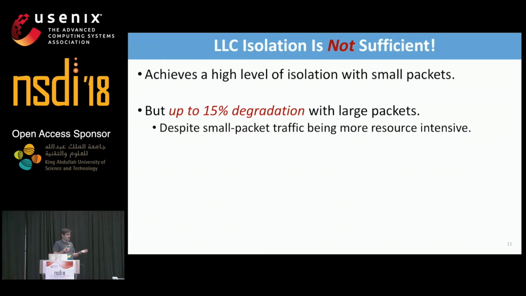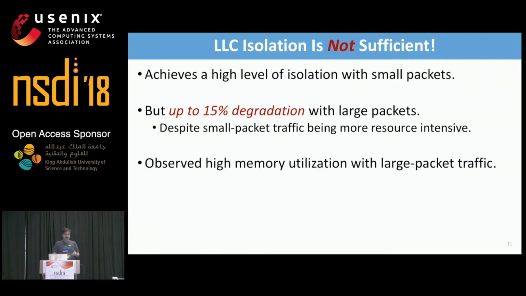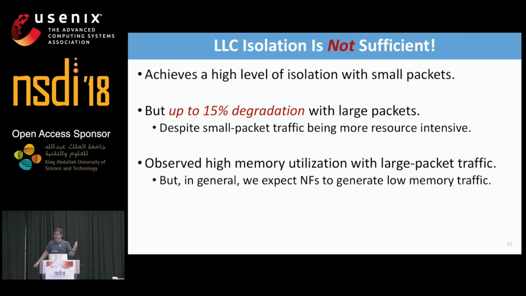And this is quite counterintuitive because small packet traffic is more resource intensive. What we observed is a high memory utilization. Again, this is counterintuitive because in general, we expect network functions to not have that much memory traffic footprint, because of the high packet rates they have and the closed loop nature they have.